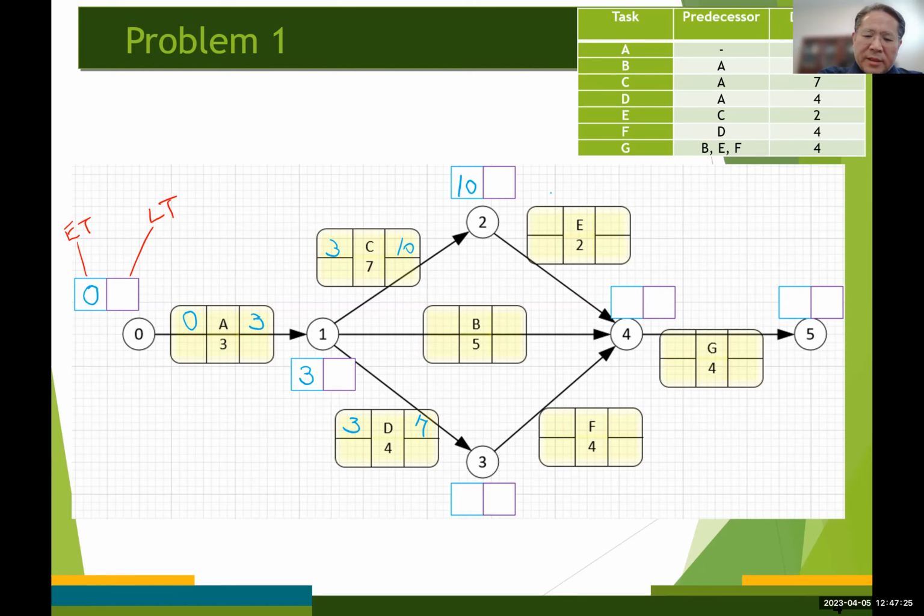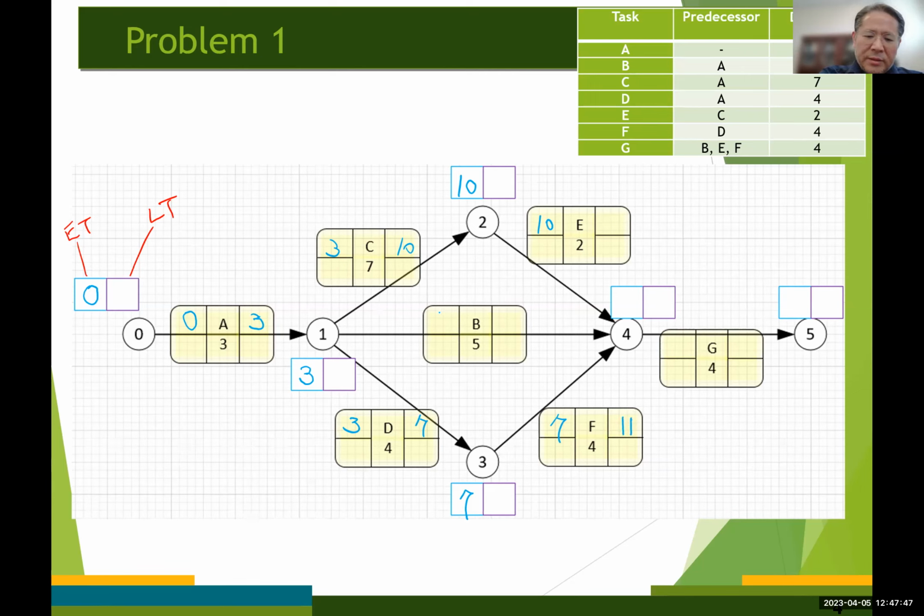Down here, the earliest time for event number 3 is going to be 7. And 7 plus 4 becomes 11, right?